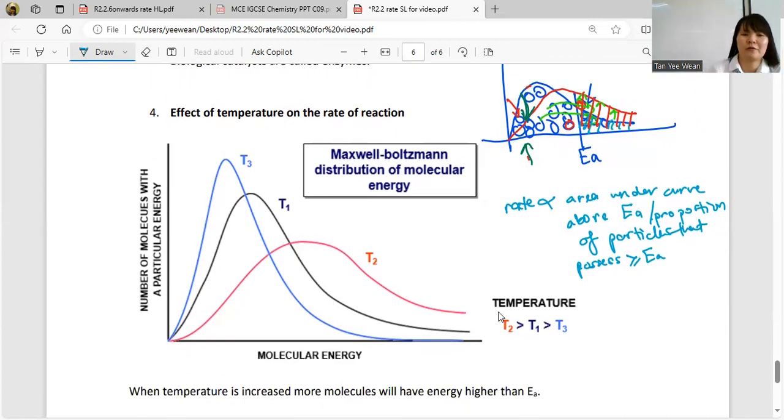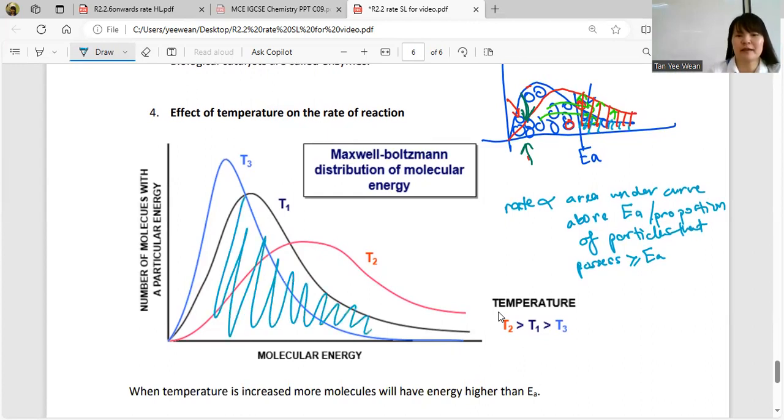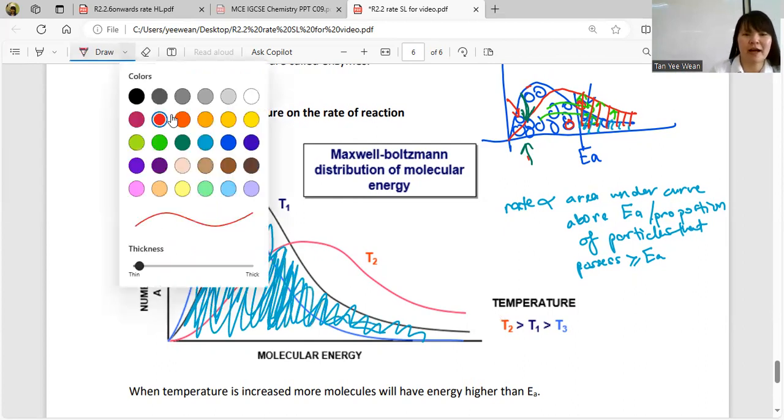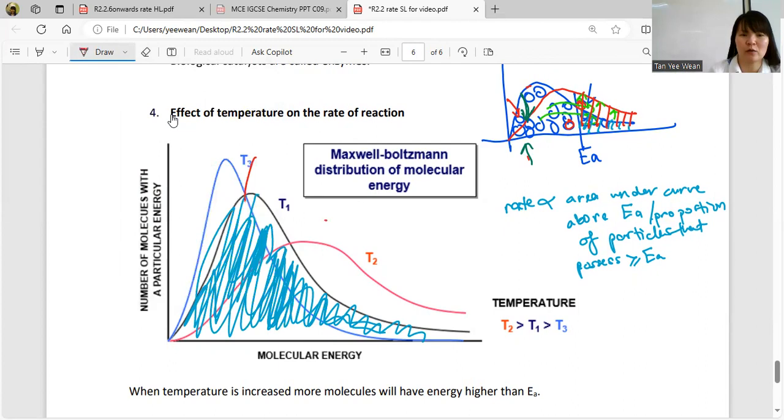Okay, so our focus here would be the black color curve. So this is the original curve. This must represent 30 of you, 30 particles or 30 students. And after a revision workshop or after heating the beaker, more particles will have higher energy. So those that got lower energy or those that got lower marks have decreased. And those that got higher marks have increased.